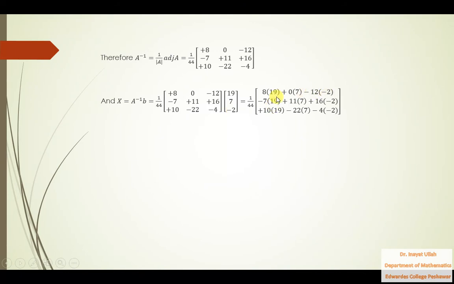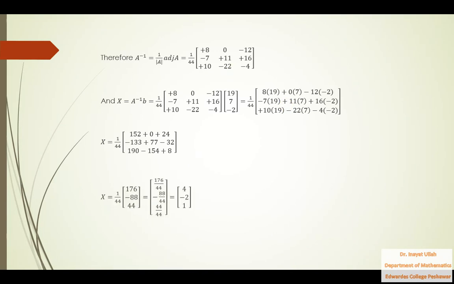Similarly, second row first column: minus 7 into 19, 11 into 7, 16 into minus 2, and along with this row 10 22 minus 4 with this column, we'll get this. So adding these elements, we'll get X is equal to 1 by 44 into these things.